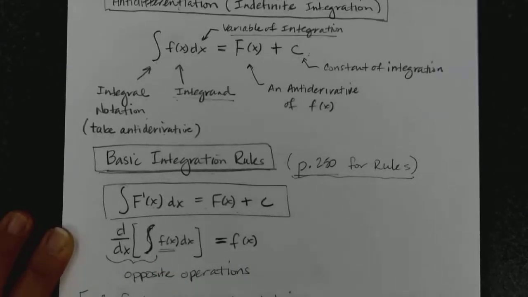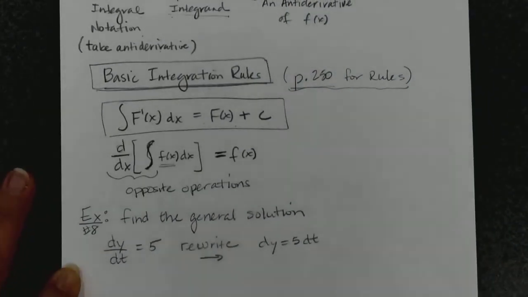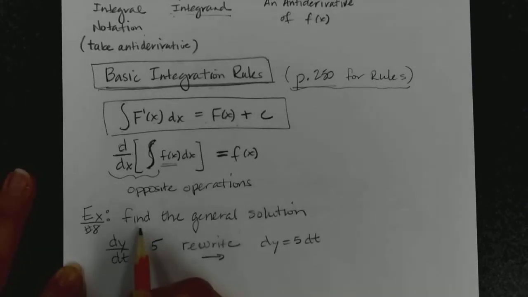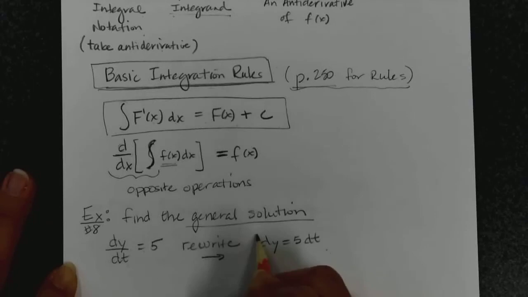Okay, so let me get through some examples with you guys. I'm going to use number 8 in your problem set. It says find a general solution. We're going to start with dy/dt equals 5. This is a differential equation. We're going to rewrite it in differential form, and then take the integral, or find the antiderivative.